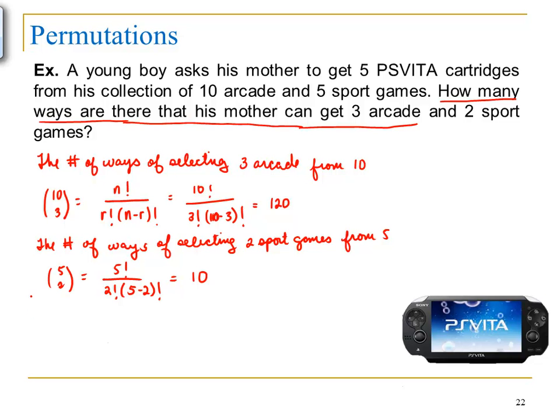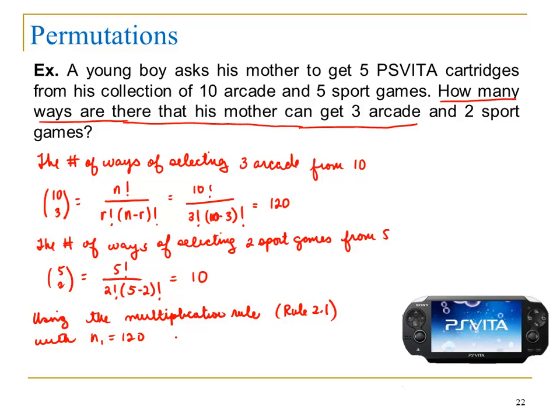So using the multiplication rule, this is rule 2.1, with n1 equals 120 and n2 equals 10, then we have 120 times 10, which is 1,200.